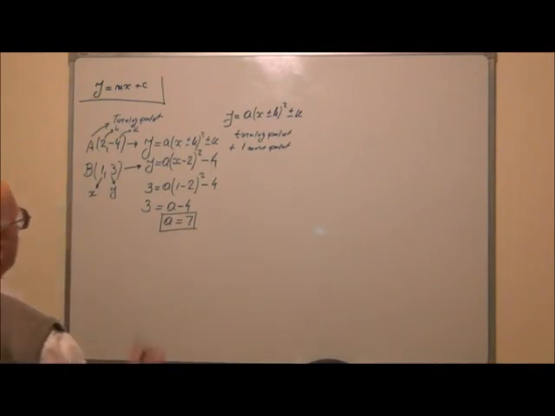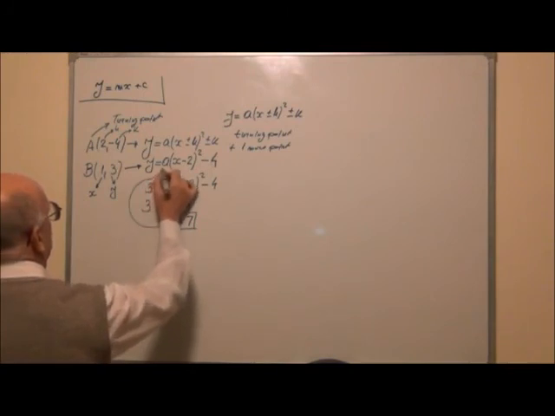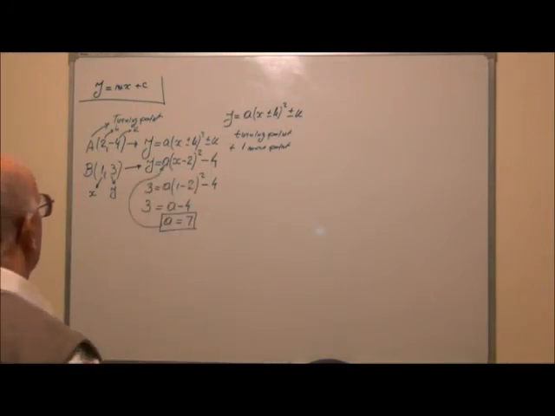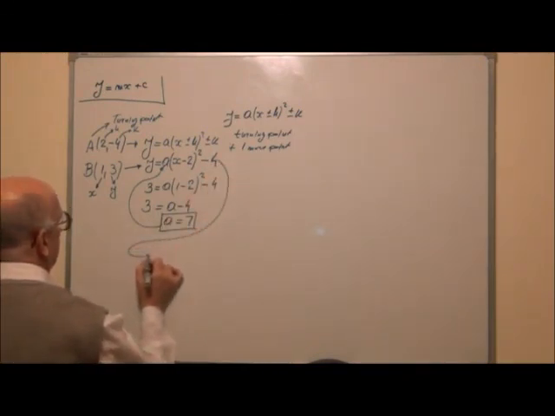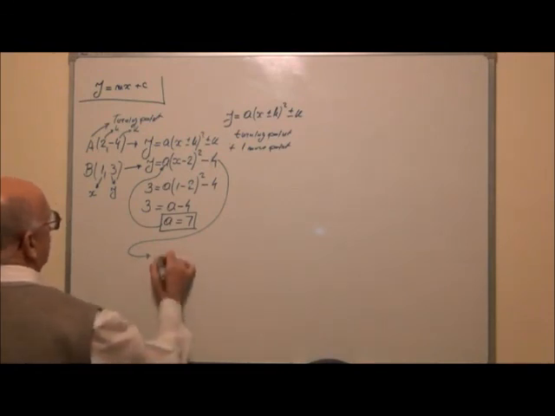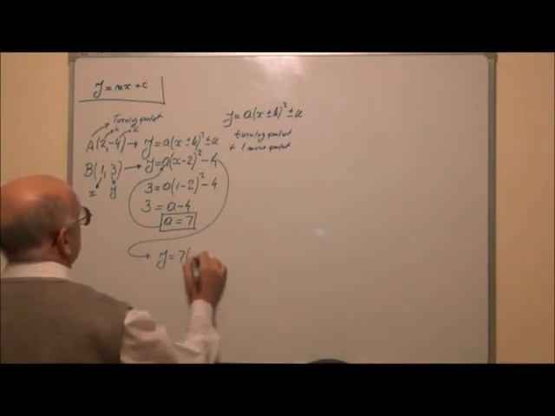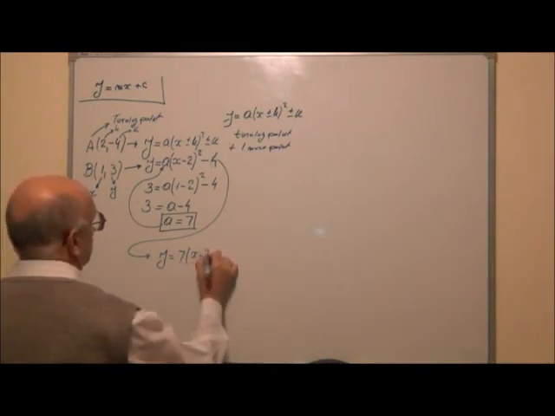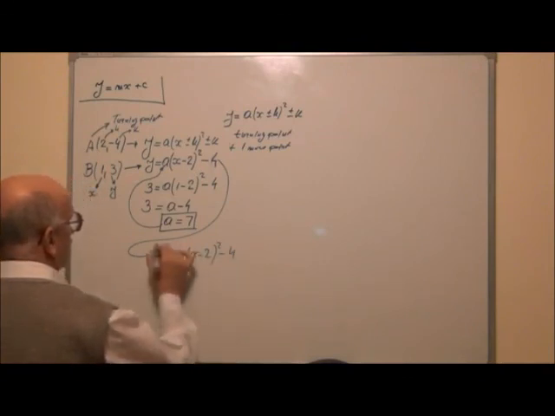Now, when we have a, simply we can substitute a by 7, and our equation will be y equals 7(x minus 2) squared minus 4.